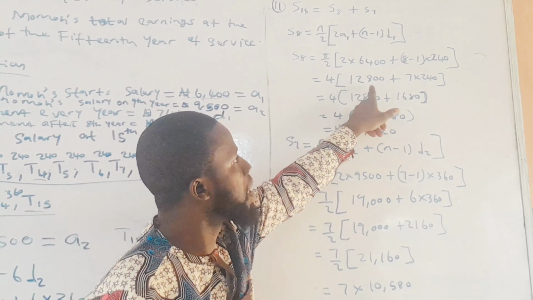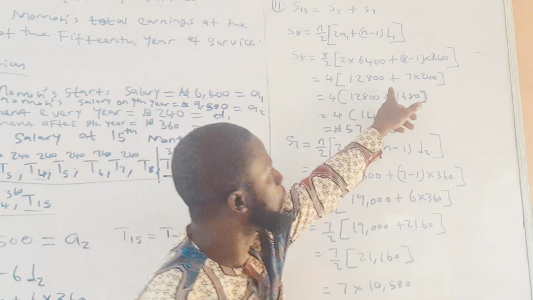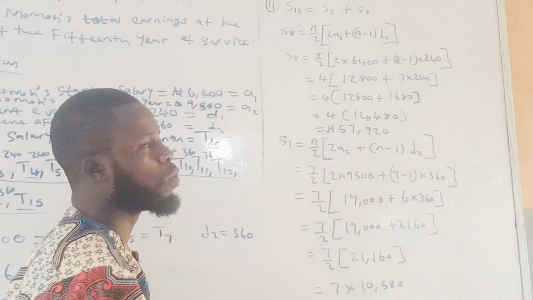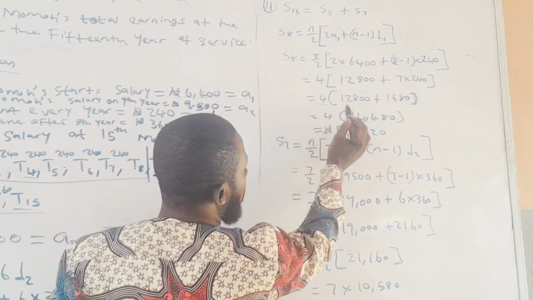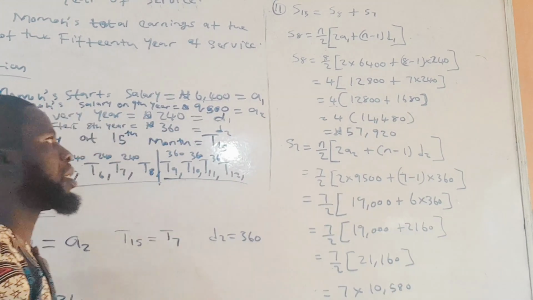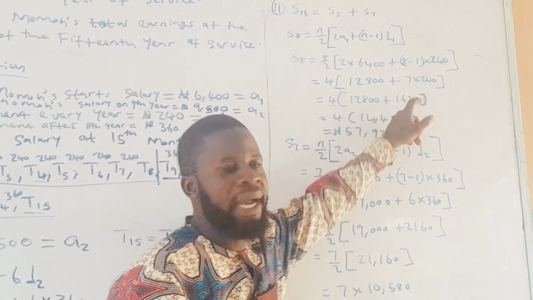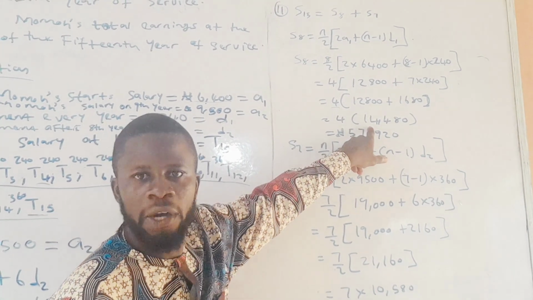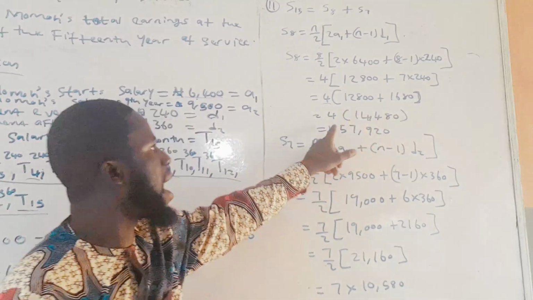That will give you 12,800 plus 7 times 240. And that will give us 4 times bracket 12,800 plus 1,680. By the time you sum these two together, you are going to have 14,480. Then you multiply it by 4.